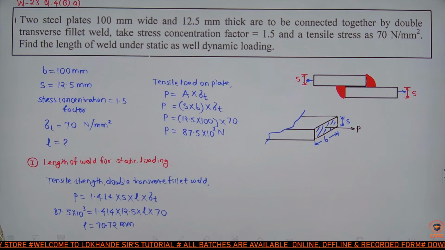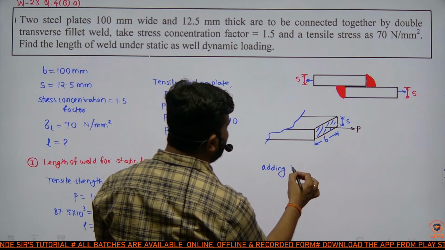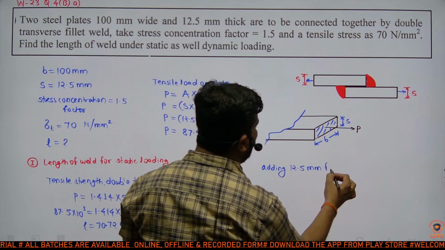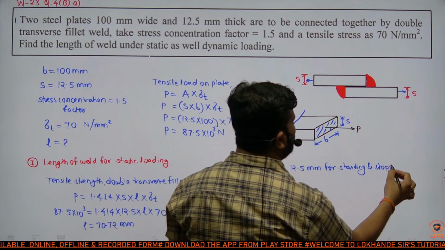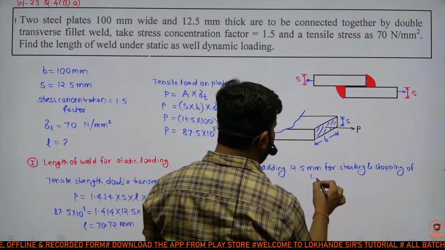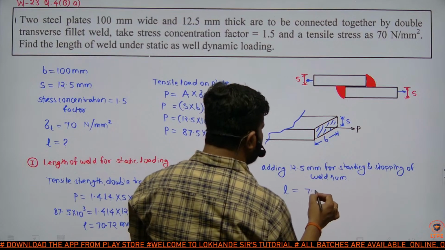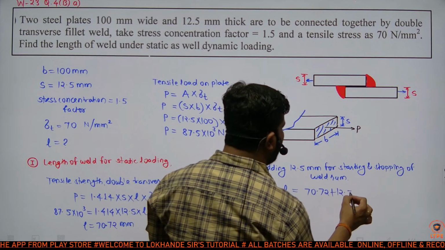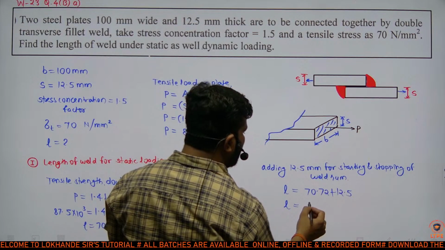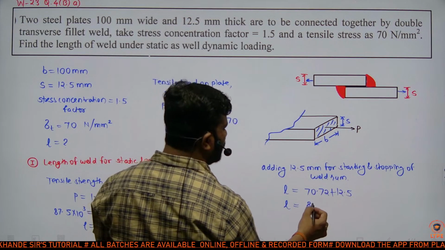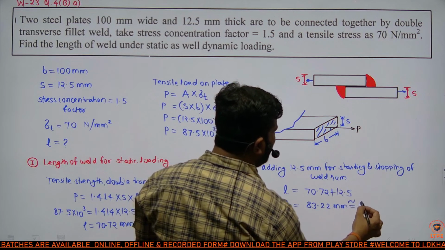70.72 mm. For starting and stopping of the weld run, we have to add 12.5 mm. So 70.72 plus 12.5 is equal to 83.22, approximately 84 mm.